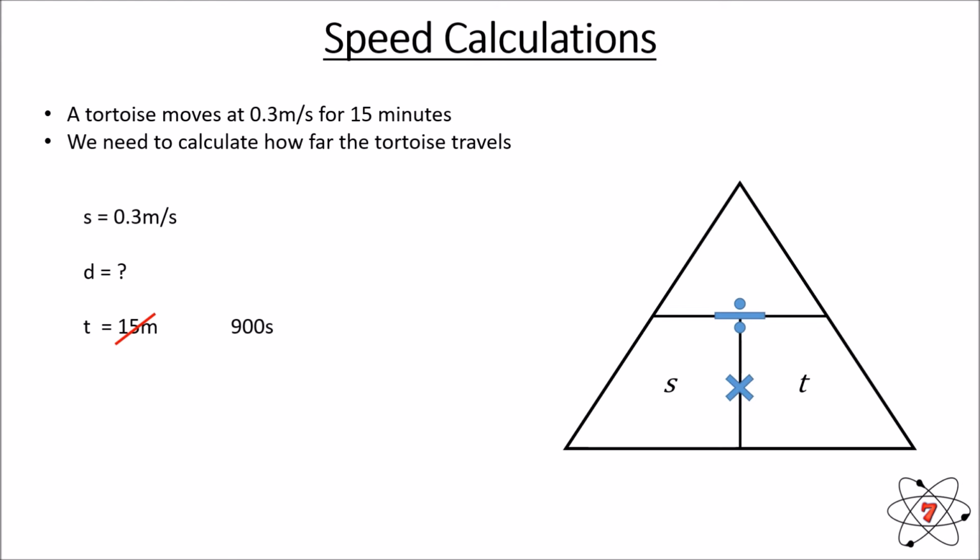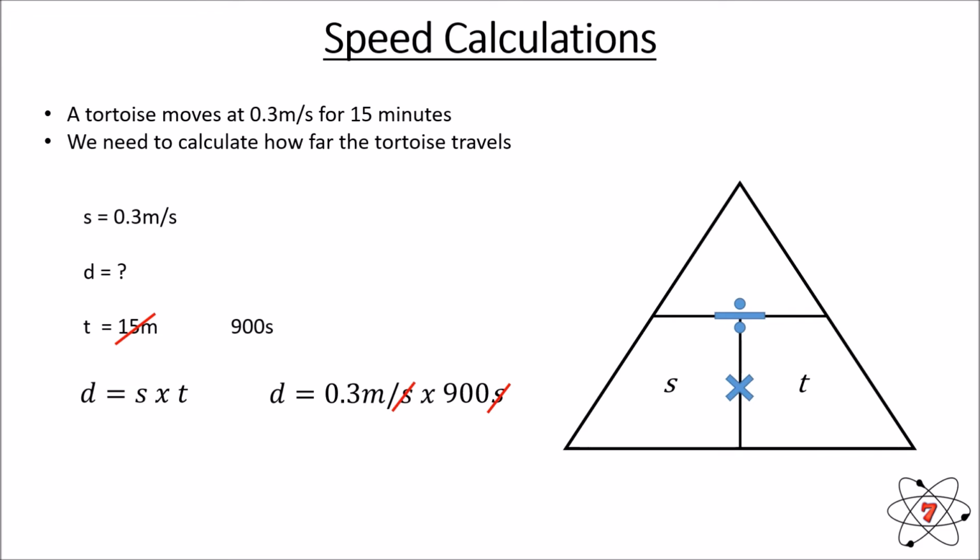So we now do what we've done every other time. We cover up what we're trying to find out. So we cover up distance and we're left with speed multiplied by time. So distance equals speed multiplied by time. We put our numbers in. Distance equals 0.3 meters per second times 900 seconds.